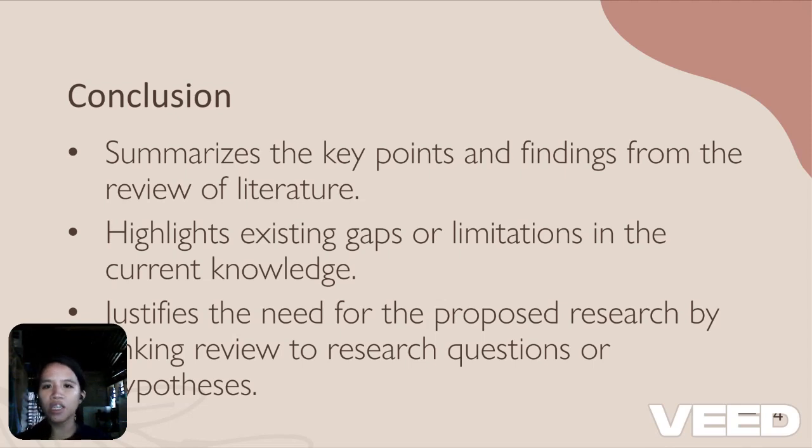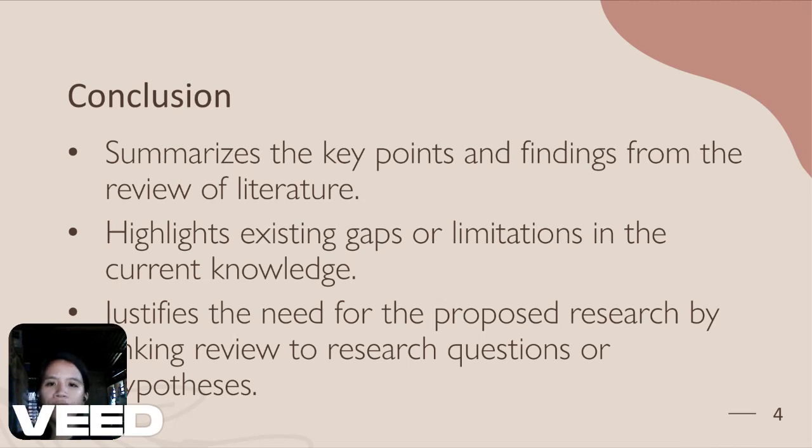So there are tips for writing chapter 2 of the research well. First, use credible sources like books, peer-reviewed journals, dissertations, or credible websites. Second, write in your own words and always cite sources properly.